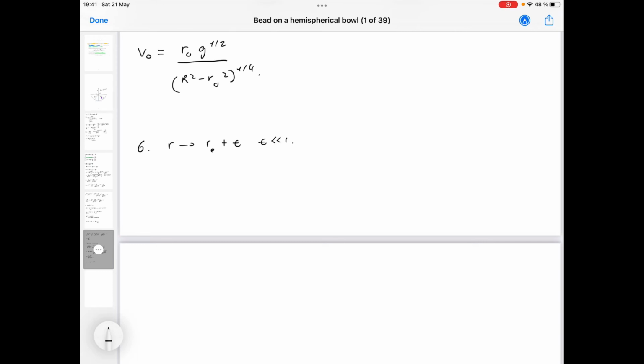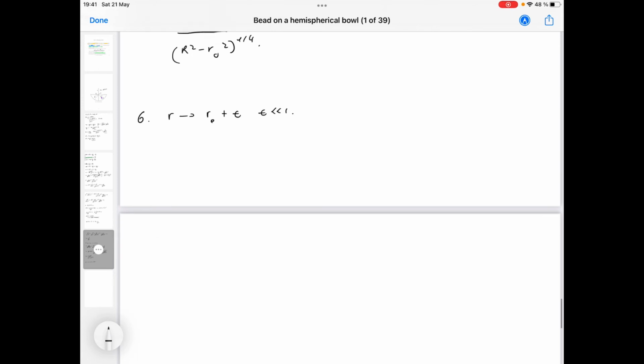A small deviation from the circular orbit. And we can just write that R dot is epsilon dot and R double dot is just epsilon double dot, and we can insert this into our equation.